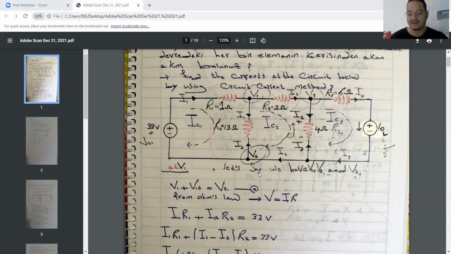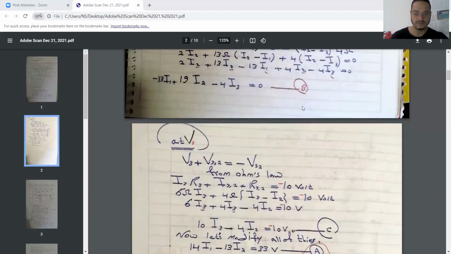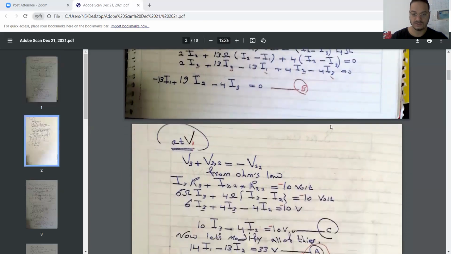We can directly put plus V23 or equal minus V23 because we are increasing from the negative terminal to the positive. At first it will be minus 13I1 plus 19I2 minus 4I3 equals 0, after simplifying all of this.